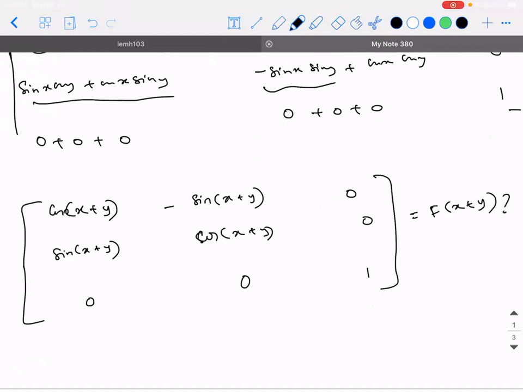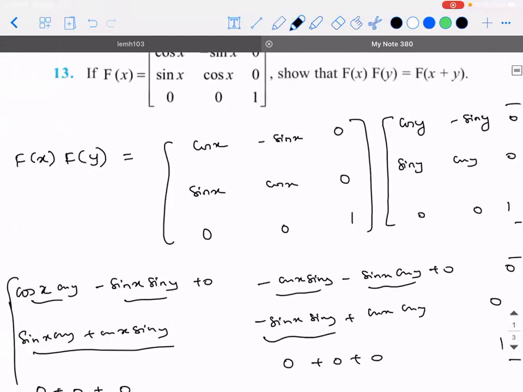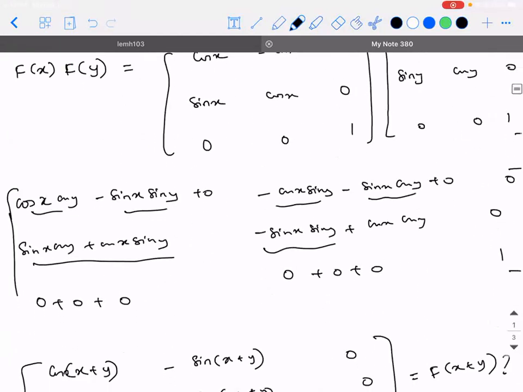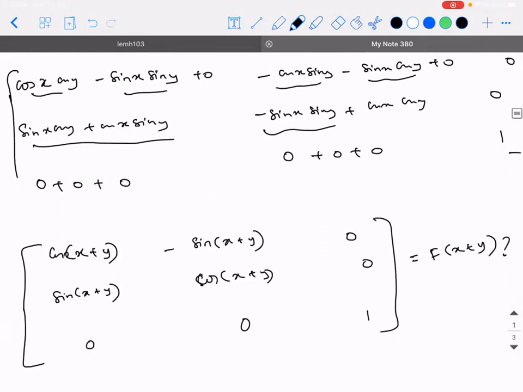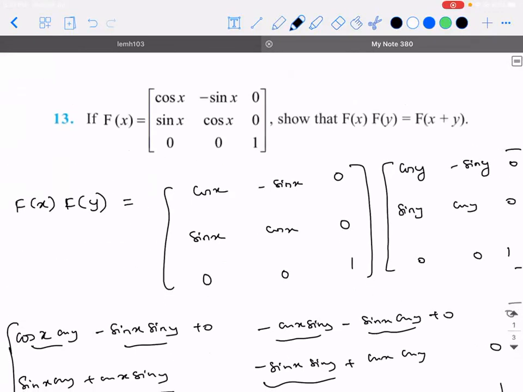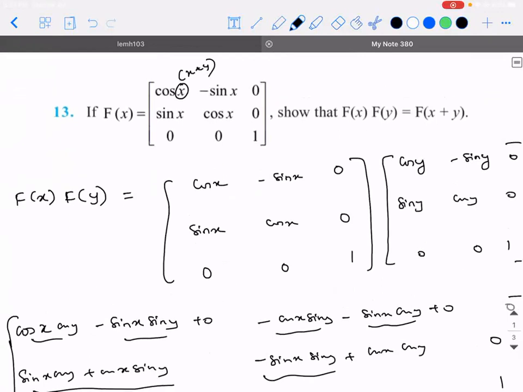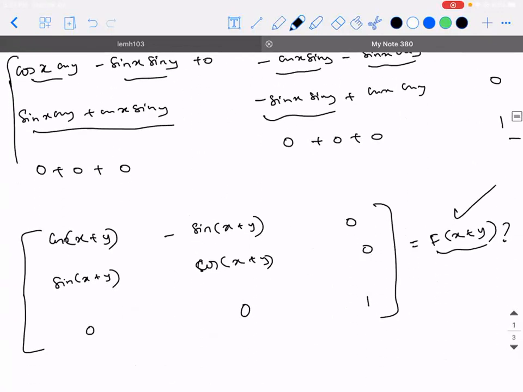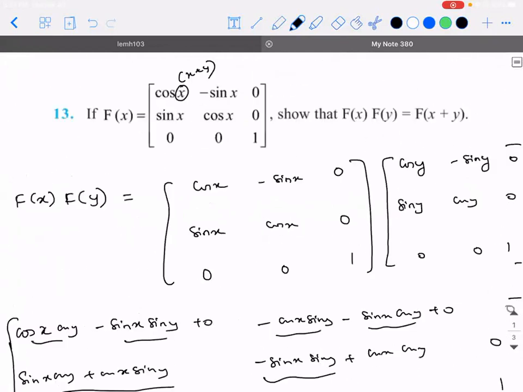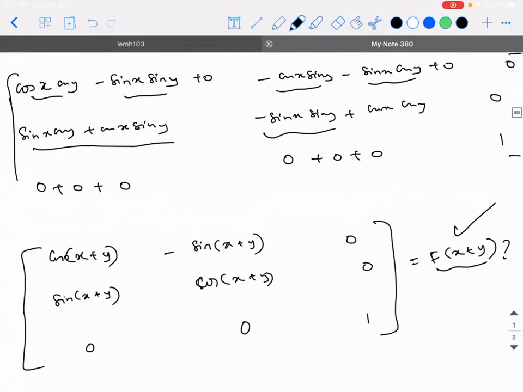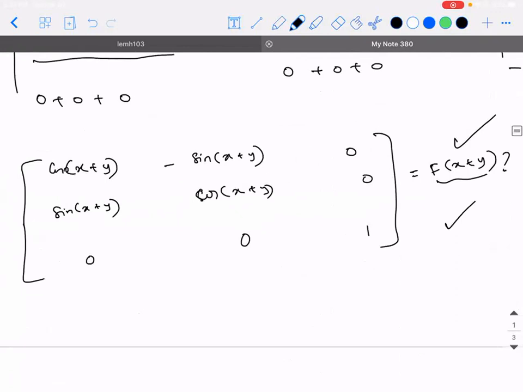Is this f of x plus y? Yes, yes. Did you guys understand what is f of x plus y? So in the place of x, I should have x plus y. So f of x plus y will be cos of x plus y minus sin of x plus y 0. Similarly, sin of x plus y, cos of x plus y 0, 0, 0 and 1.